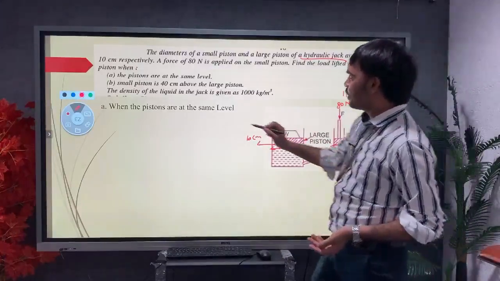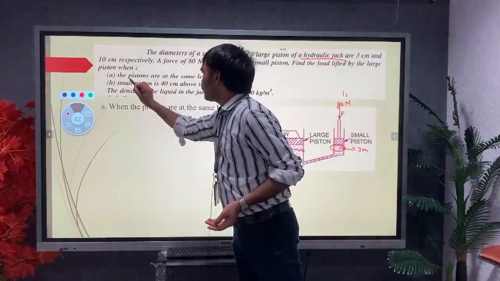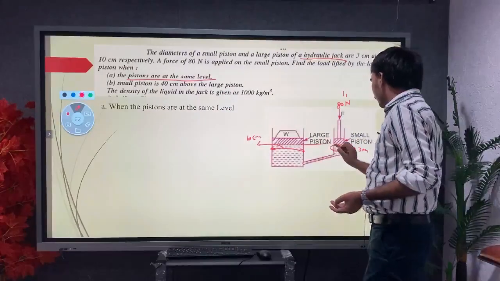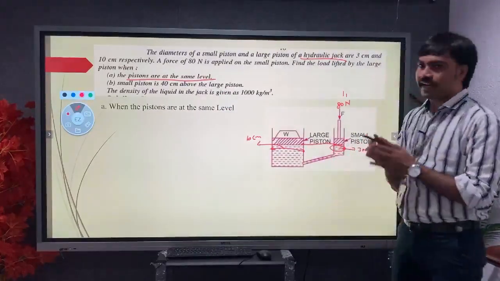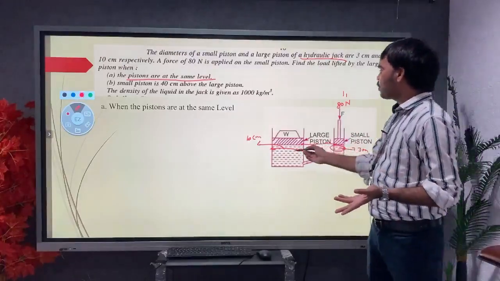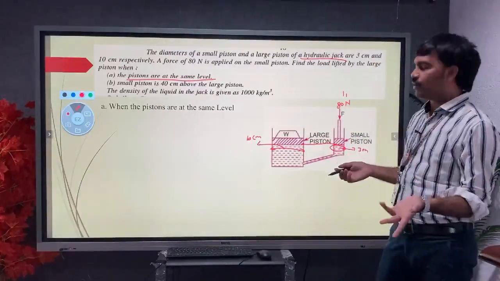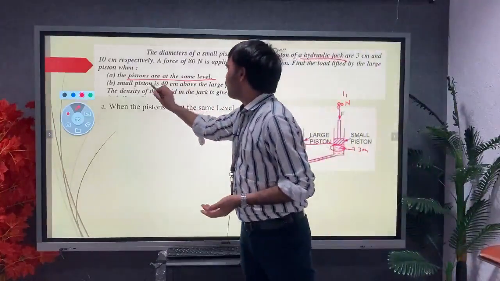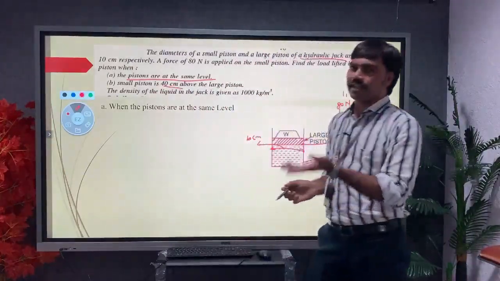Right. What is being asked has two parts. One is that the pistons are at the same level. So the large piston and the small piston are at the same level. How much weight can the large piston lift if I apply an 80 Newton force on the small piston? The second one is that the small piston is 40 centimeters above.